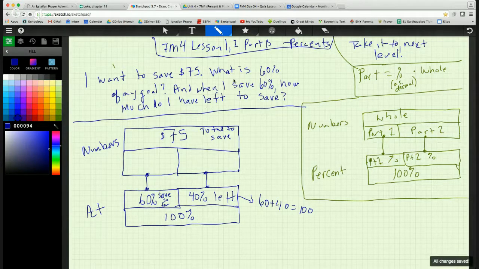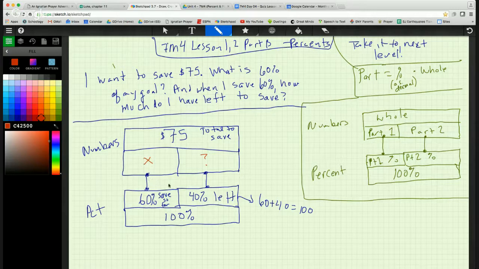Now the question is, I don't know how much this is, and I don't know how much this is. But each one of these has a part equals percent times whole equation.